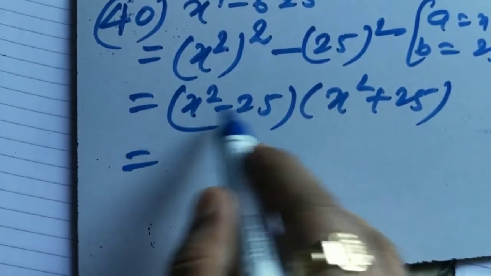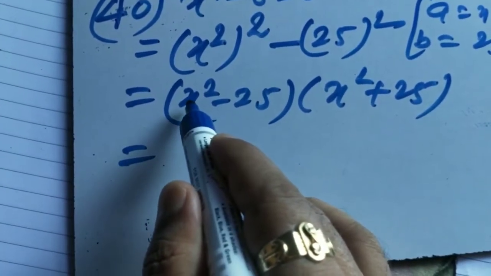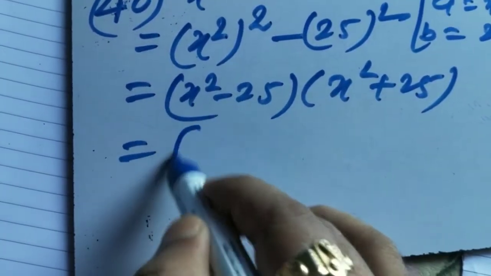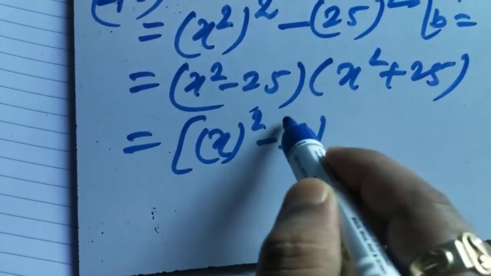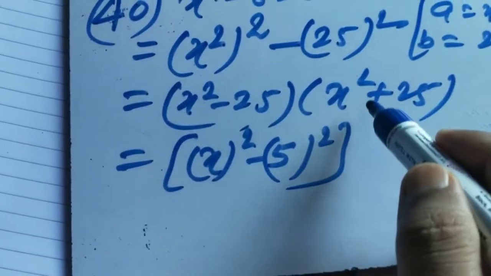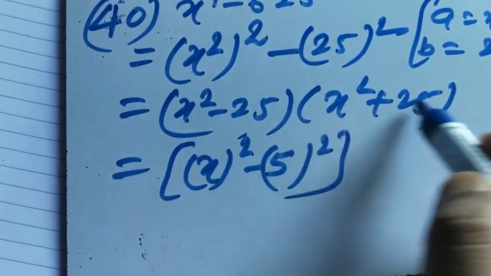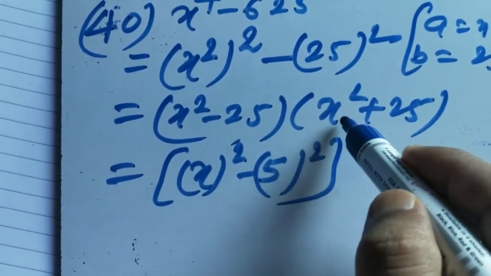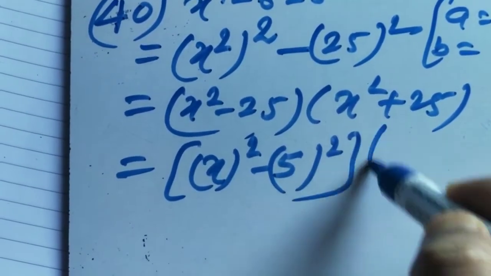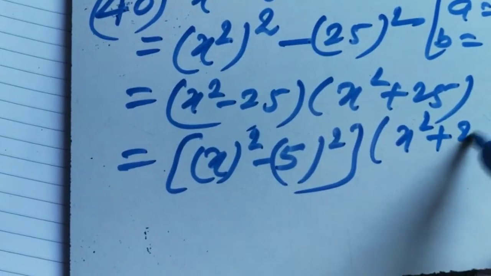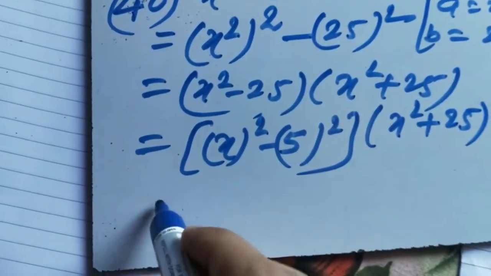Now this is the square of x and this is the square of 5, so it can be factorized as x the whole square minus 5 the whole square, and here there is a plus sign, and there is no identity based on a square plus b square, so it will remain the same. X square plus 25 will remain the same.